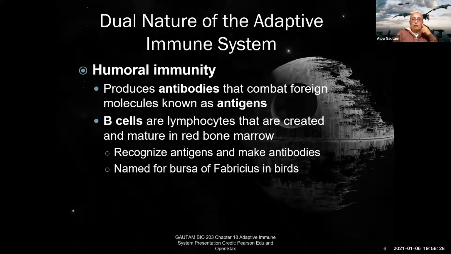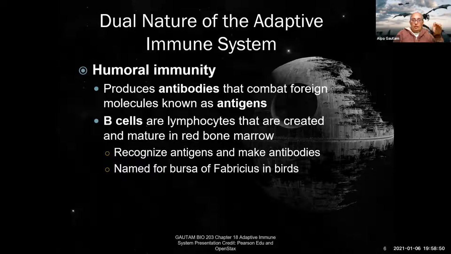So B cells are lymphocytes because they're produced within the lymphatic system in the red bone marrow. So B cells are lymphocytes that are created and educated or programmed within the red bone marrow. They have these antibodies that stick out from them.